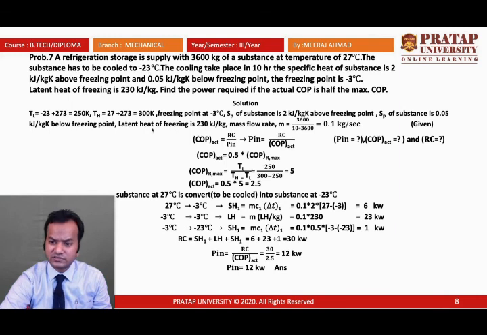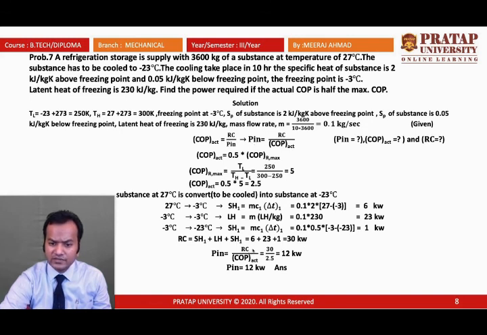So the RC should be found from that. The total heat extracted is equal to the sensible heat, latent heat and sensible heat. Add all these, and the summation is equal to the RC, which is 30 kilowatts.